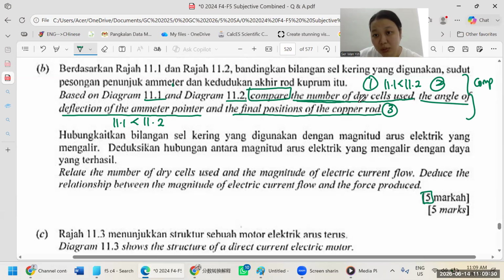Please write the whole sentence. If you just write "11.1 less than 11.2", it is directly wrong because we don't know your sequence. You must write a sentence: final position 11.1 less than 11.2.